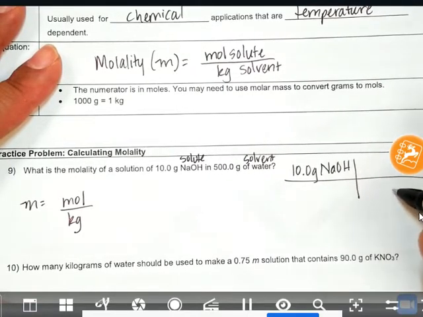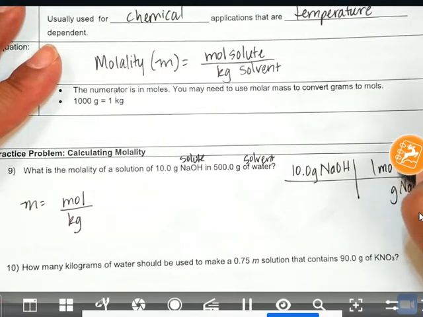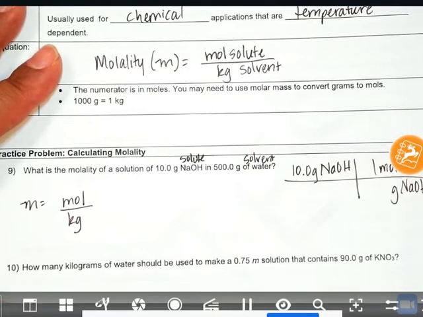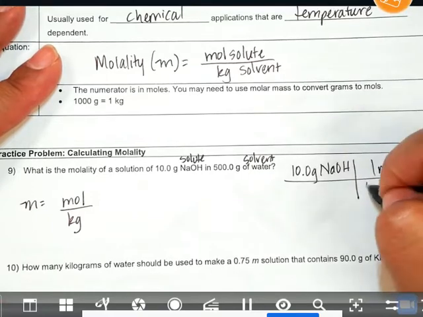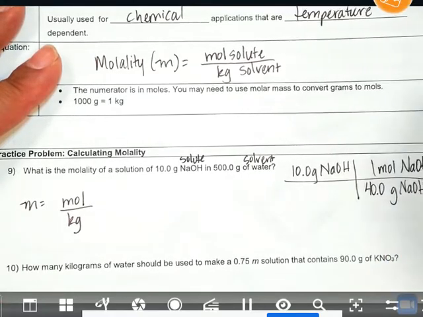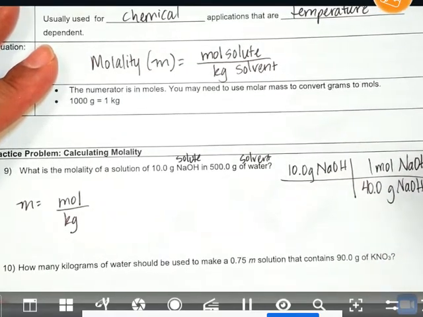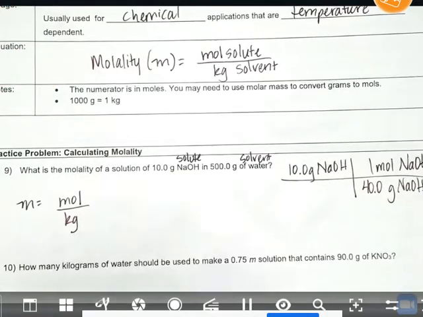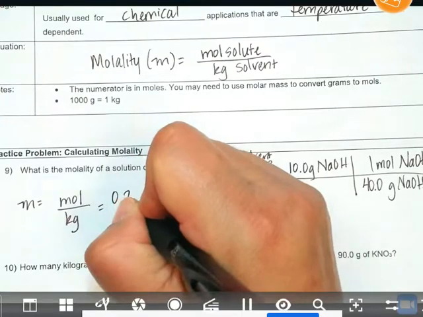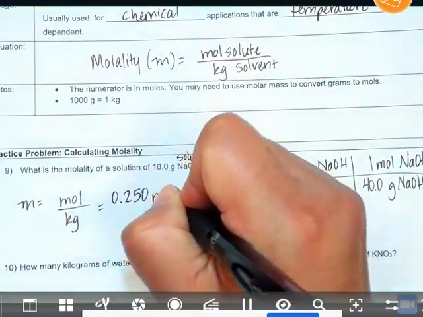I'm going to use the molar mass of NaOH for 1 mole of NaOH. And the molar mass is 40.0. And in my calculator, I'm going to get 0.25, but with sig figs, I get 0.250. So I'm going to put that in the numerator.